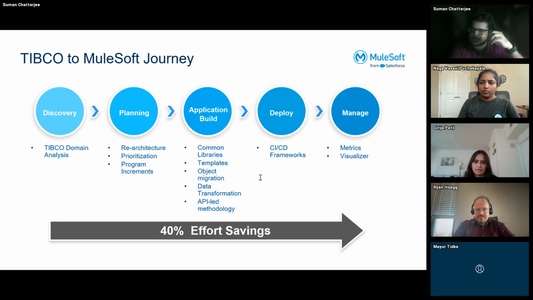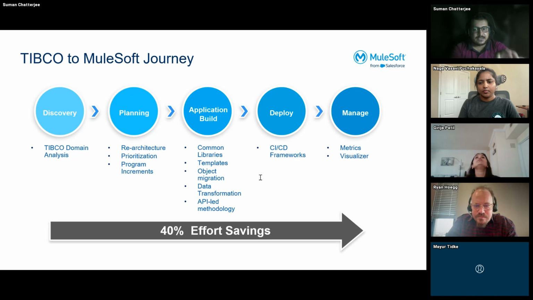Now it's just for the sake of migration you're doing, you're not leveraging any or most of the features of your new technical stack. Apart from that, prioritization. Now prioritization is one of the most important steps in your migration journey.